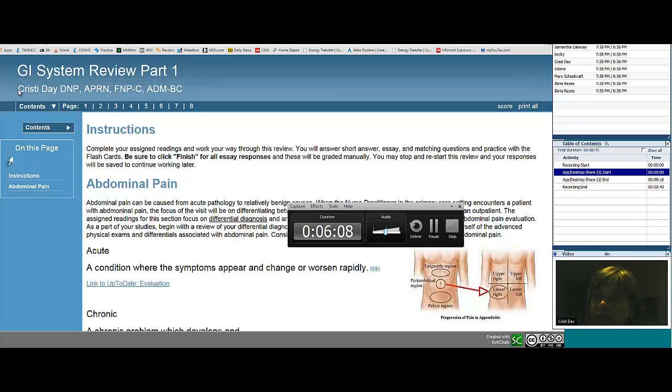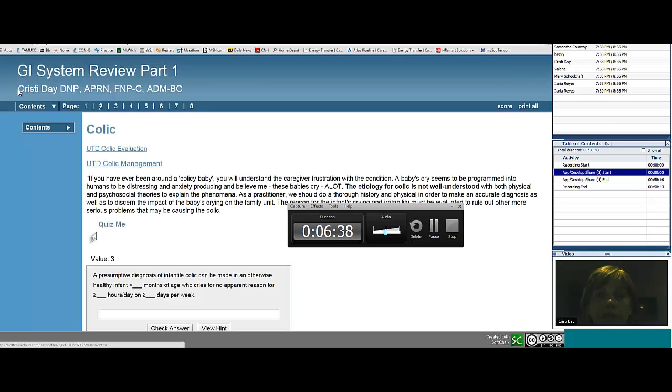A lot of what you study for abdominal pain, you're studying in other systems, like urinary and GYN. So for your approach to abdominal pain, remember old cart, remember your advanced assessments. Okay. And for colic, did y'all enjoy reading the colic section?